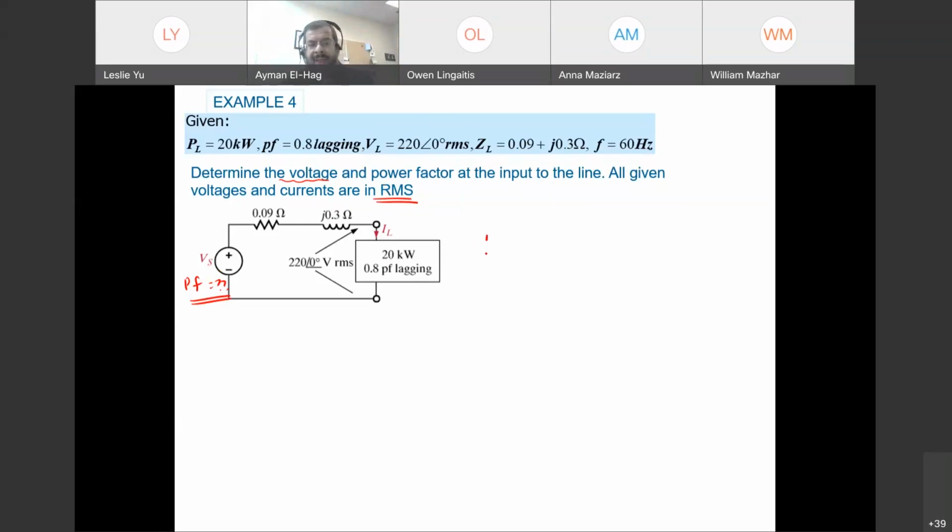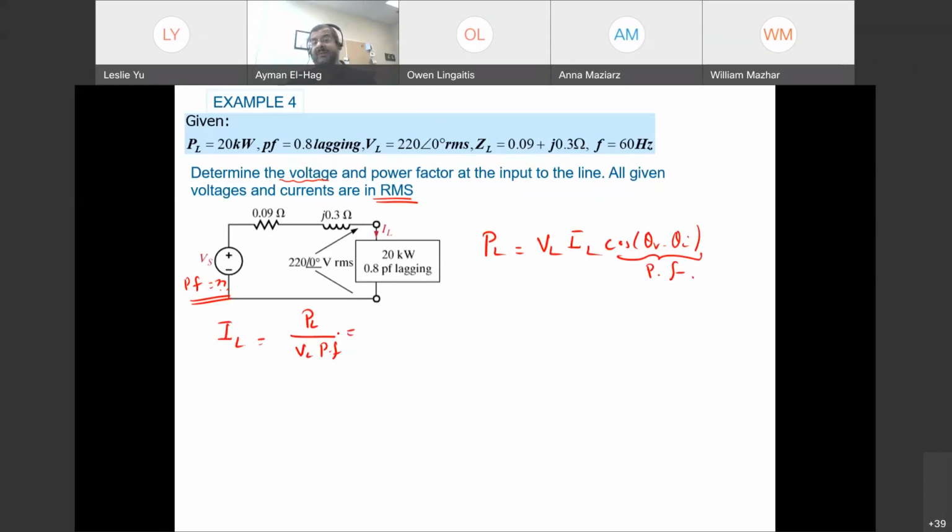So P at the load, this is the key formula, is equal to V at the load times I of the load times cosine of theta V minus theta I, or the power factor. So IL, the current that goes through this loop, is equal to PL divided by VL times the power factor.